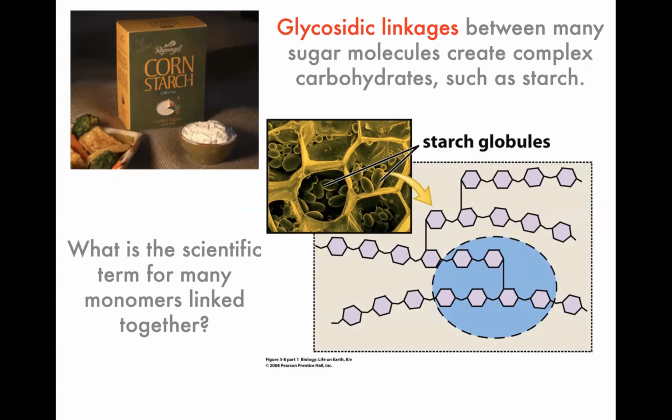Glycosidic linkages are those that can hold together these sugar molecules to create more complex carbohydrates. So glycosidic bonds hold together sugar molecules. An example of a complex carb that is formed is a starch. We consume starch in our diets.